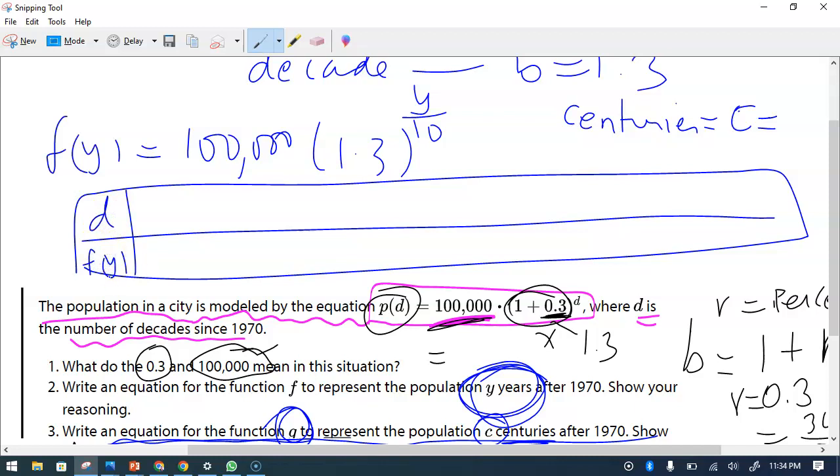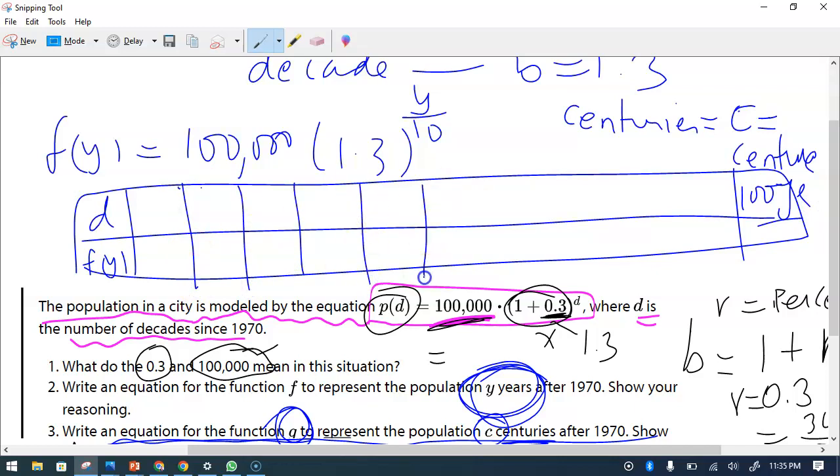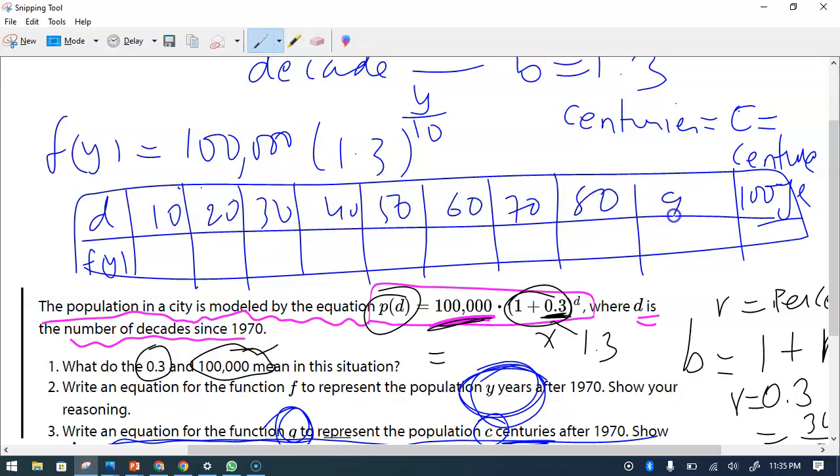Now I want to write a century. 100 years is one century, right? So you will be having 10 years, 20 years, 30 years, 40 years, 50 years, 60 years, 70 years, 80 years, 90 years, every decade.